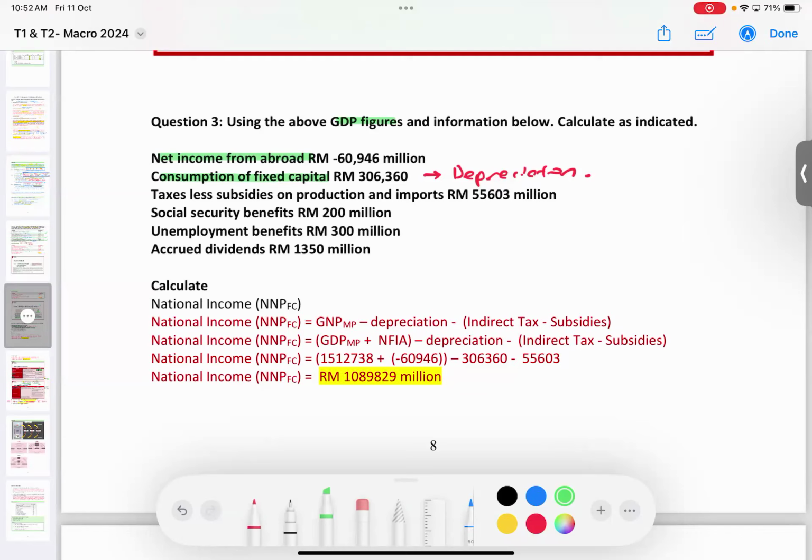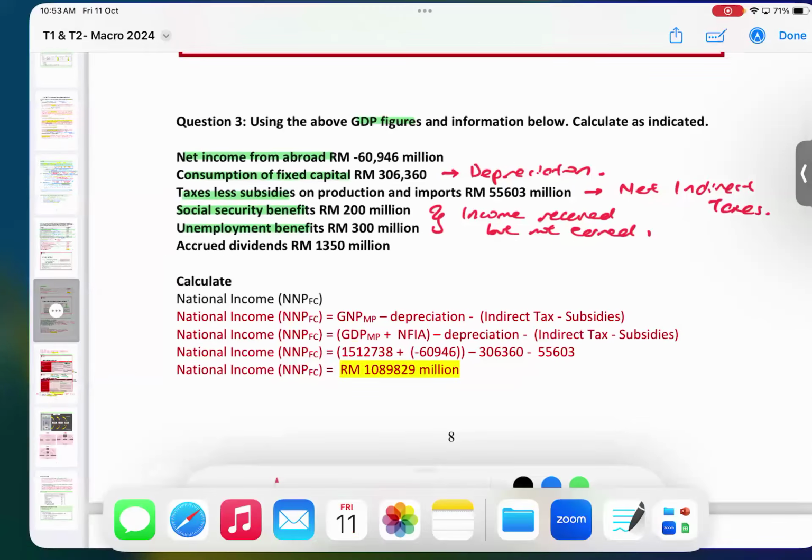Taxes less subsidies means net indirect tax. Social security benefits and unemployment benefits, what is this? Transfer payments. Good. So this is what I call income received but not earned, what we said just now.